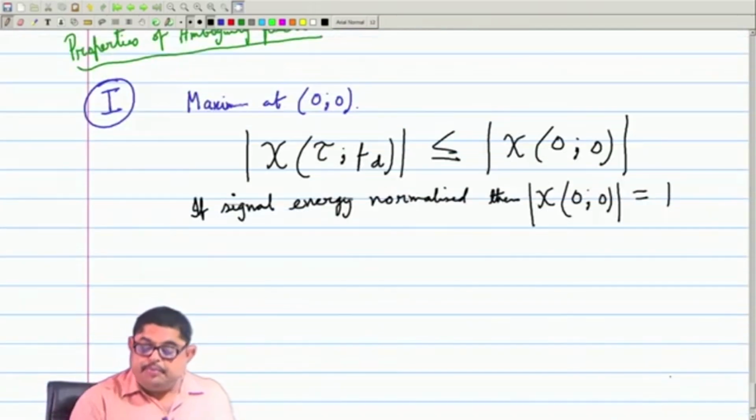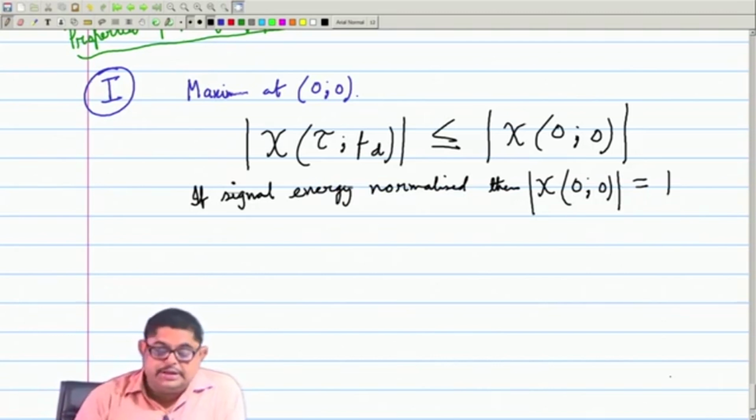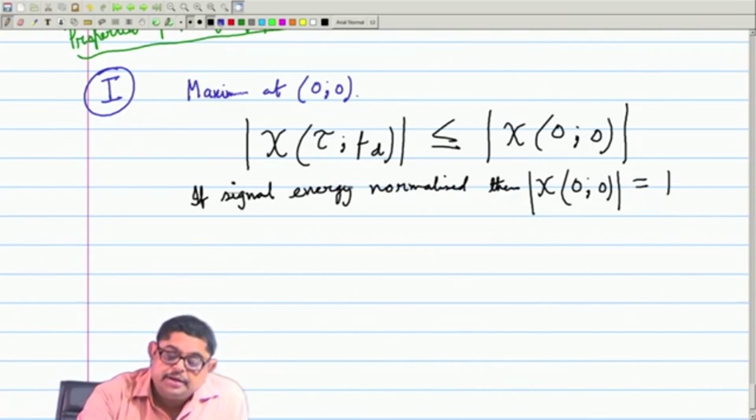So, this is an important property, you should always check, because sometimes if you get some value and it does not satisfy this property, you will understand that there is something erroneous.